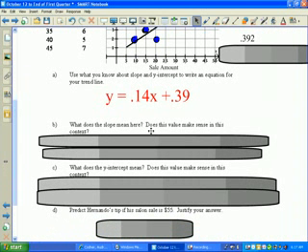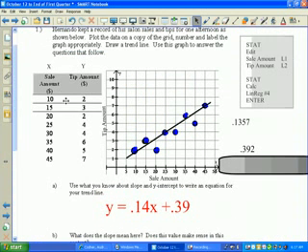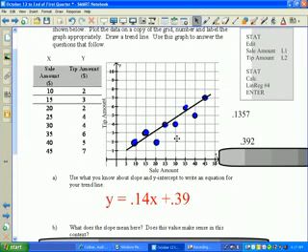Part B has 2 questions, and you always have to pay attention to what is being asked of you. Part B states, what does the slope mean here? First off, my slope is 0.14. But it's asking, what does it mean, in this context, dealing with the sales amount and the tip amount?